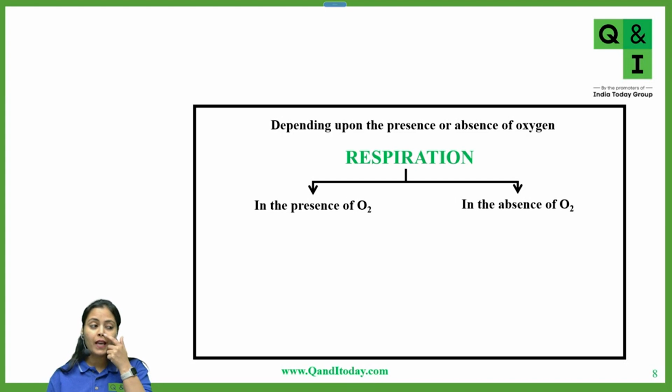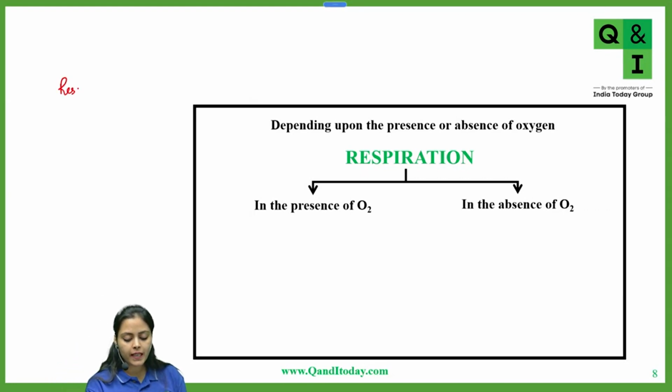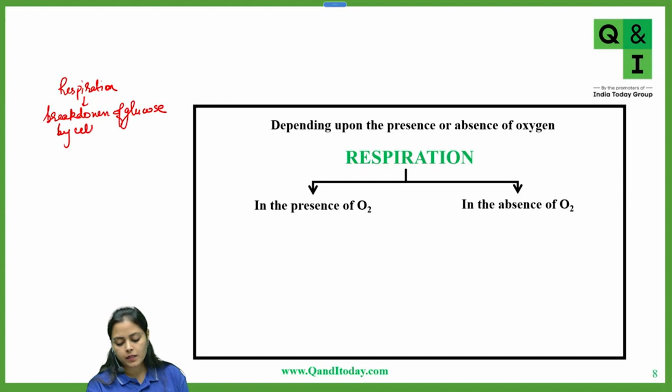Respiration refers to breathing plus the breakdown of glucose to generate ATP. If someone asks you what is respiration, respiration is basically the breakdown of glucose by cells to generate ATP.